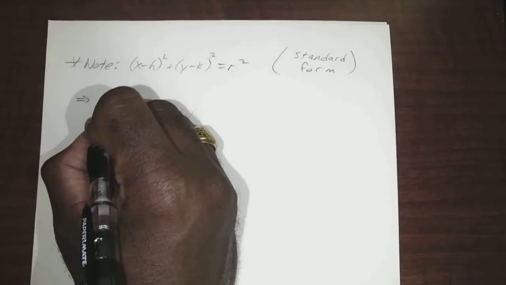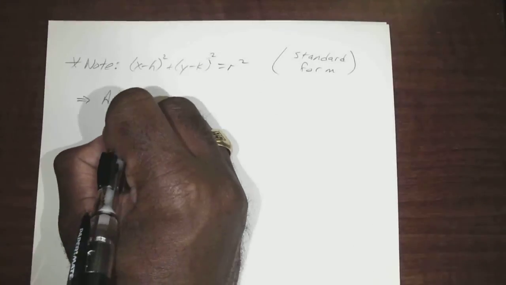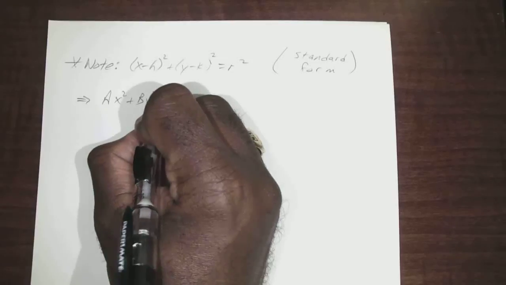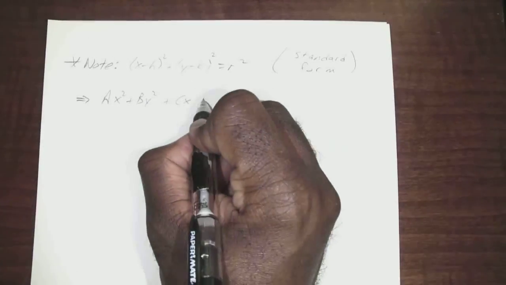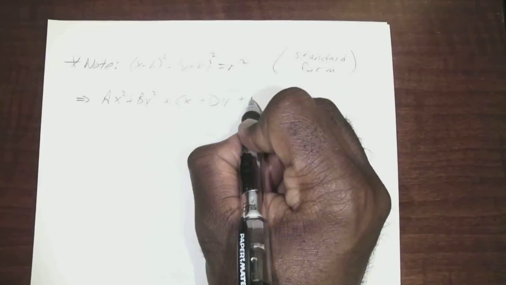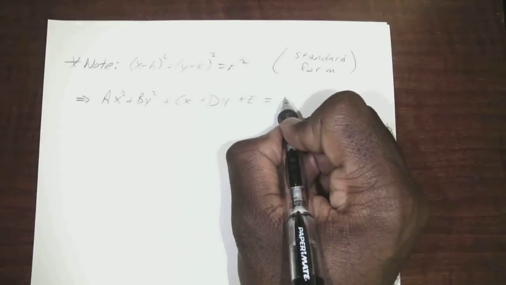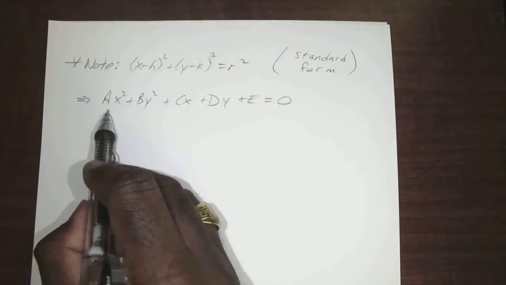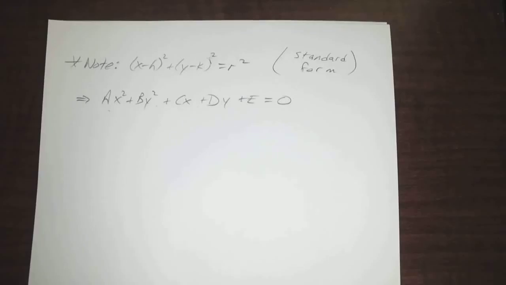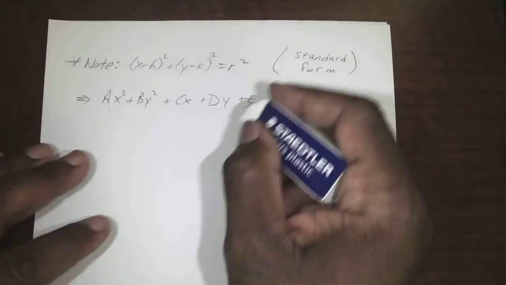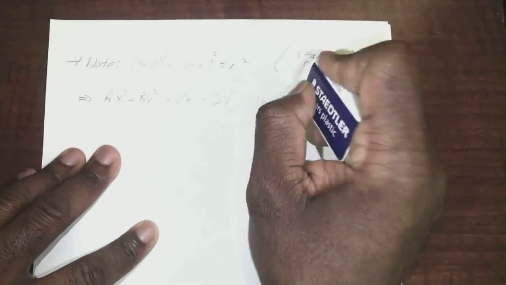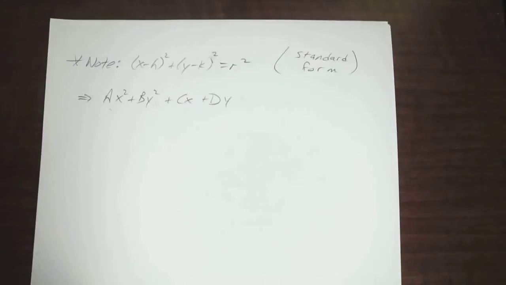But if you have, let's say, ax squared plus by squared plus cx plus dy plus e equals 0, where a, b, c, d, and e are just numbers. Or actually, you can put equals e if you want to. It doesn't have to be on that side.